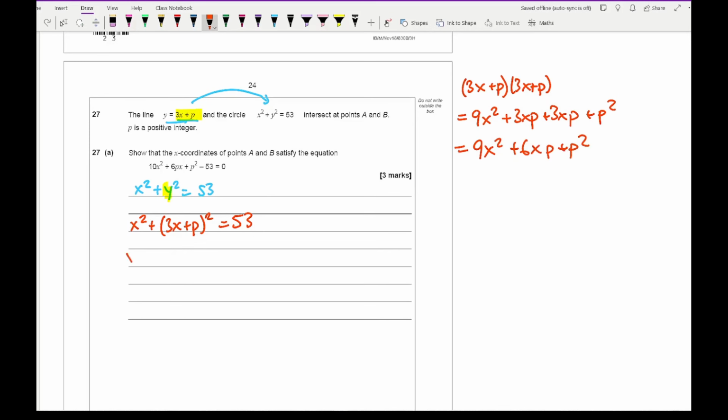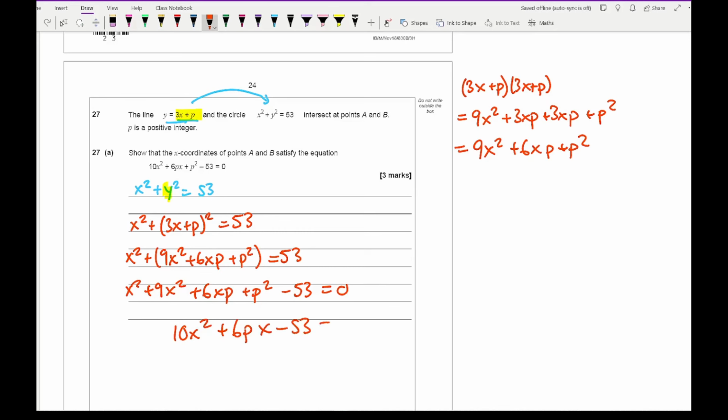So here what I've got is x² plus all of that, and then I want to make it all equal to 0. So I've got x² + 9x² + 6xp + p² - 53 = 0. By neatening all of that, I get 10x² + 6px + p² - 53 = 0. Proved.